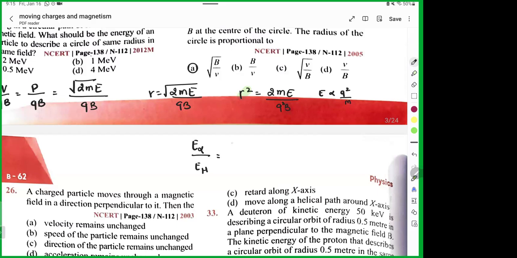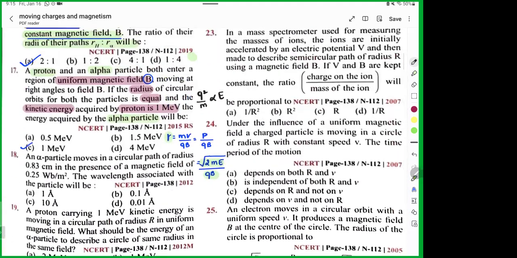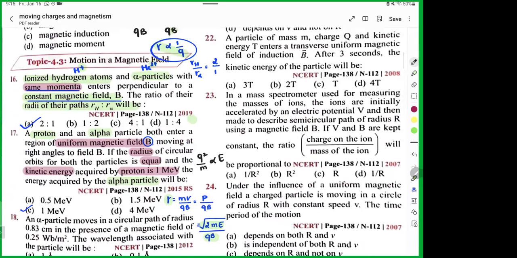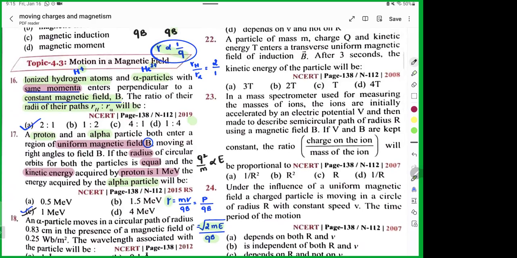In case of alpha, charge is double, so 2 square, and mass is 4 times. And in case of hydrogen, 1. So 4 by 4, it will be 1:1. Do you have this option? Yes. So 17, C is done. Are you getting my point?